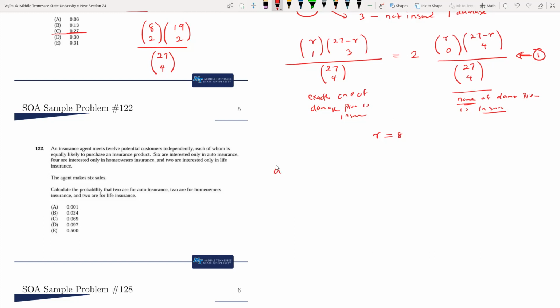So I can write auto, 6, homeowner, 4, and then life, 2.